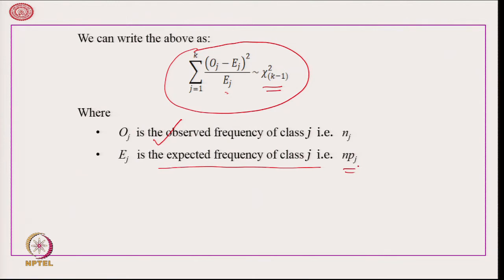Therefore, observed minus expected whole square divided by expected, summed for j is equal to 1 to k, the number of classes, is chi-square with k minus 1 degrees of freedom.